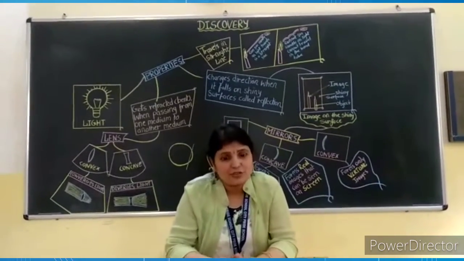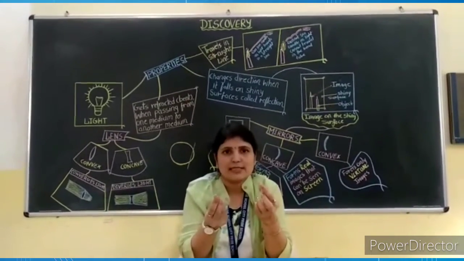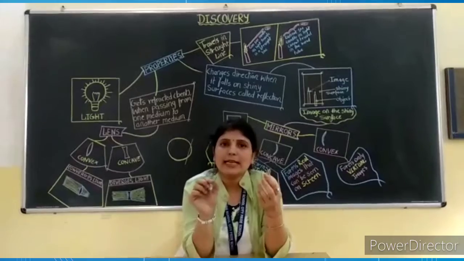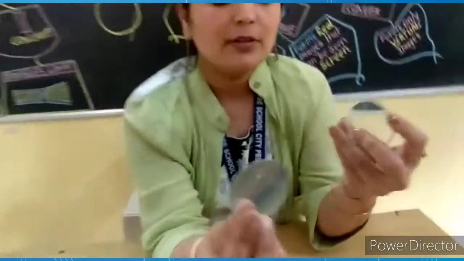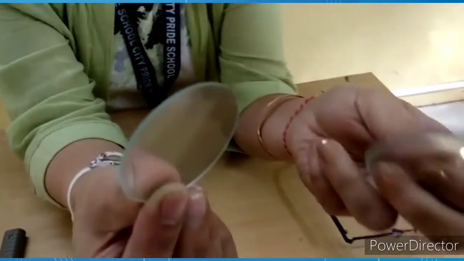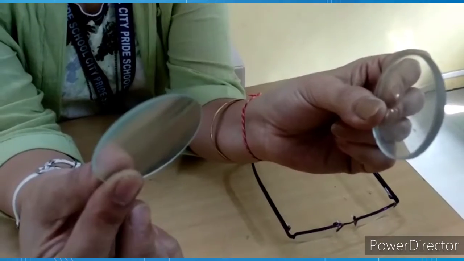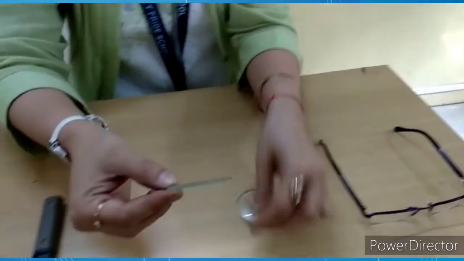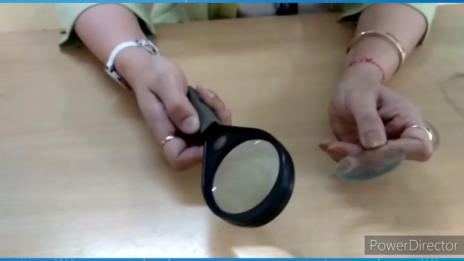Now in refraction, we know very well that lenses are used and there are two types of lenses. The lens which is bulging at the center is the convex lens and the lens which is thin at the center will be nothing but the concave lens. This convex lens, which is bulging at the center, is mostly used in magnifying glasses.